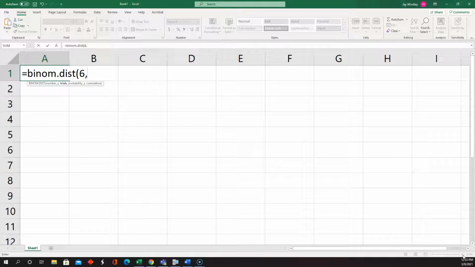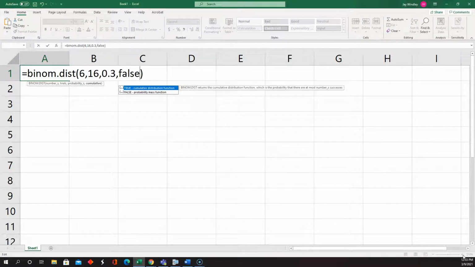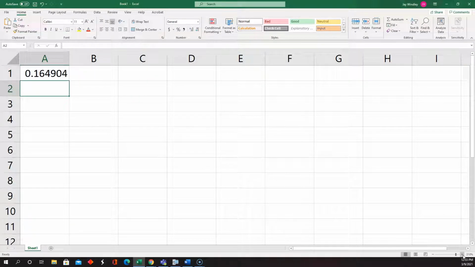It wants the number of trials, which is 16, and it wants the probability of success, which is 0.3. I'm saying false because I don't want this to be cumulative. And there's the same 0.165 that we got before.